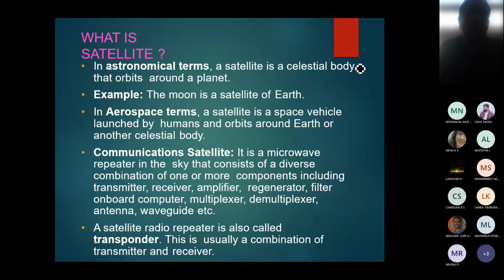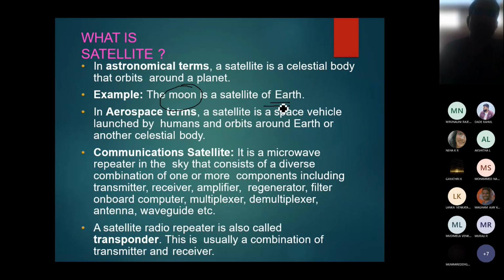So generally the question arises, what is a satellite? When we talk about a satellite, it is an astronomical term for an object which rotates around some other planet. The moon is the natural satellite which is rotating around the earth.